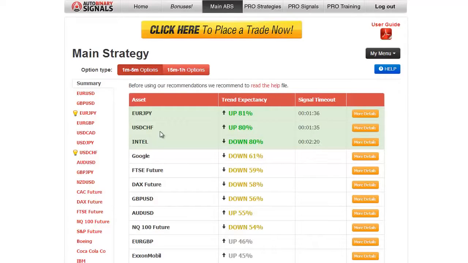So the more brokers you have, the more probability to trade all the signals that you want. I think I made the point very clear, and that's why I suggest, as Roger told me, to open multiple broker accounts.